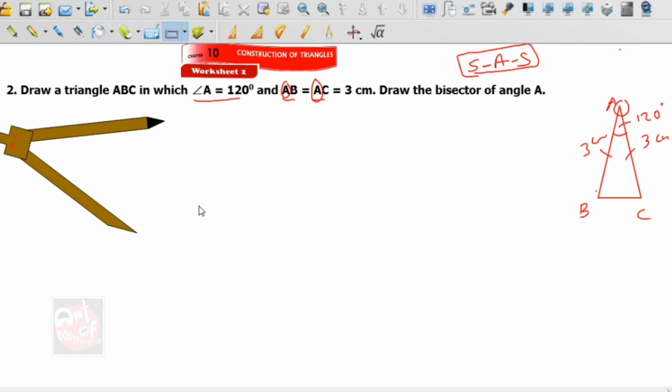First of all one thing I have to clear: in class 7 standard you can do this by copied angle also, means using a protractor you can draw it, but in higher classes you have to learn how to construct 120 degree. So it is a known angle, so we should practice from the junior class.